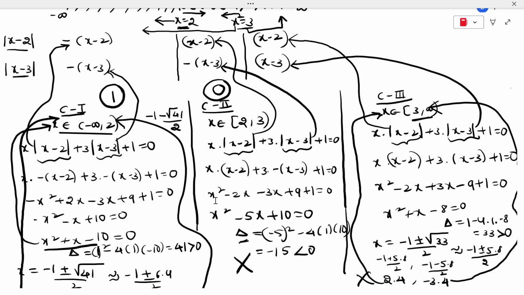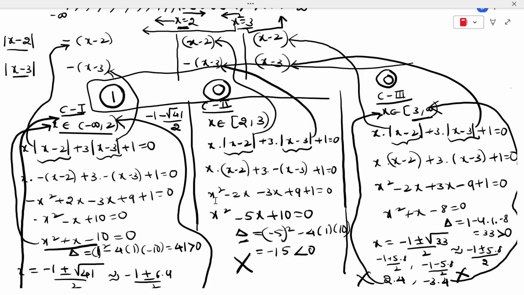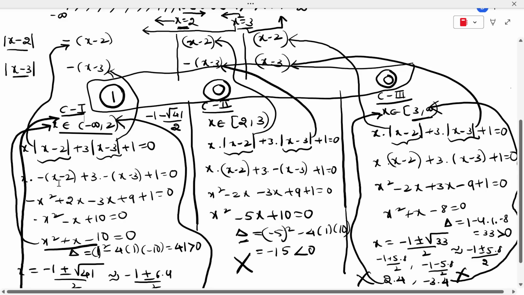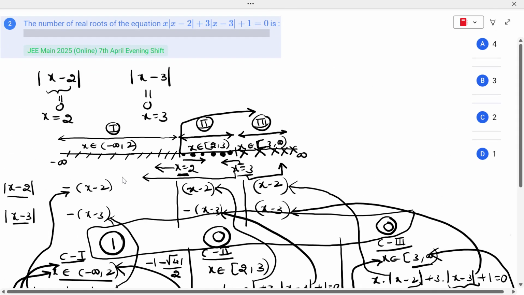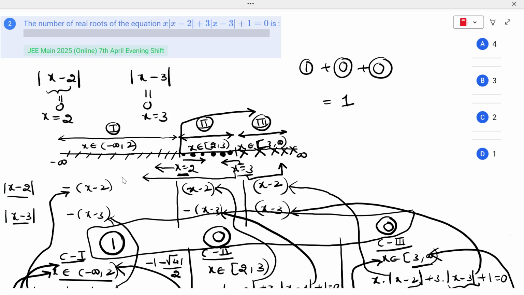So minus 3.4 is also not a valid root. So how many real roots did we get in region 3? 0 real roots. So the equation combinedly will have 1 plus 0 plus 0 real roots. So how many total real roots? Only 1 real root. That is, option D is correct.